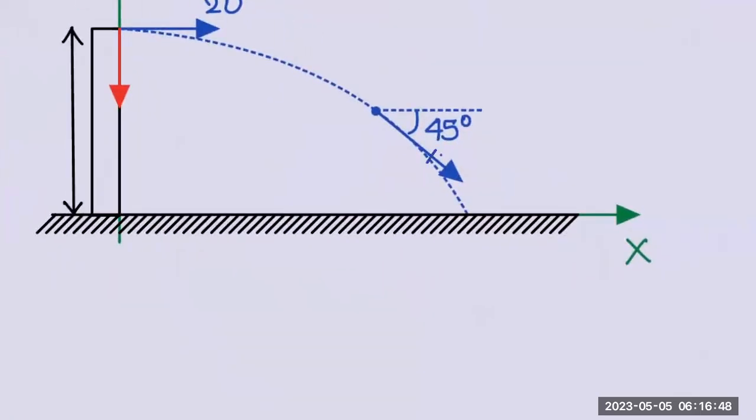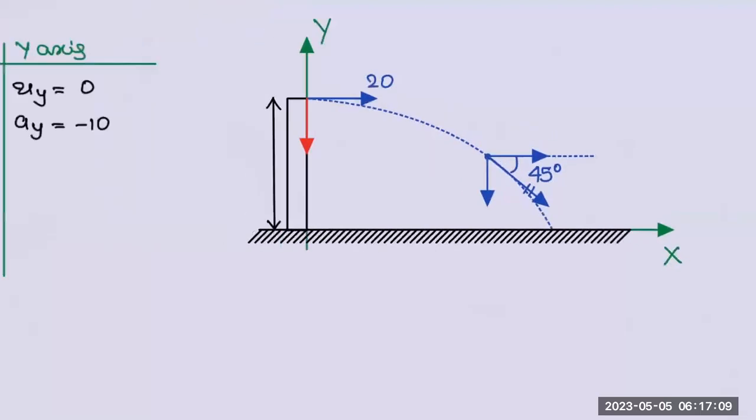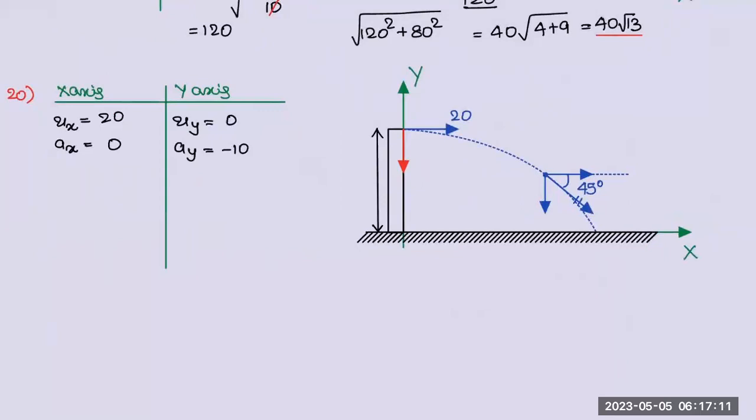But wait, how to handle this? Observe. I'll resolve this velocity into horizontal and vertical. Two parts are there. One advantage is there: when it is making exactly 45, horizontal and vertical are both equal. Horizontal will remain same, 20. Why? There is no acceleration. Because 45 degrees is given, I told you the key link between horizontal and vertical is either time or angle.